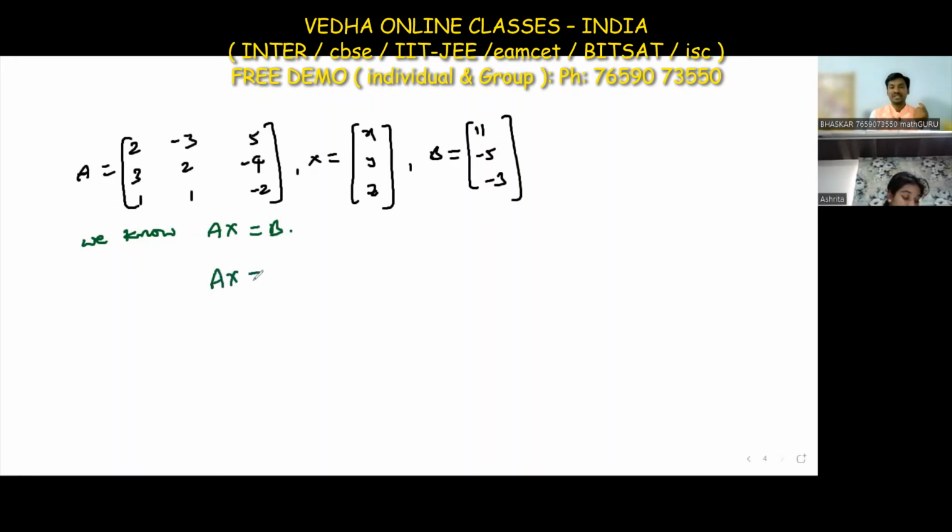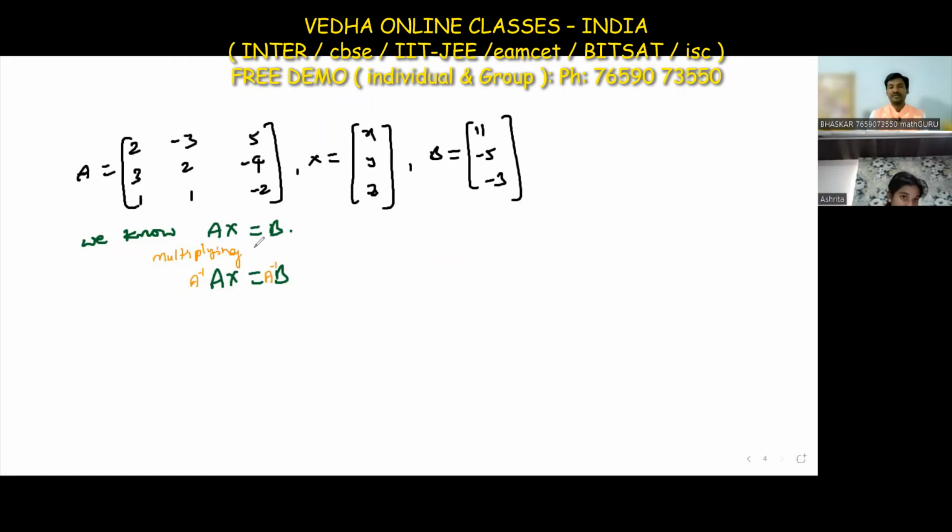So for this Ax equals B, I am going to multiply by A inverse on the left side as well as the right side, on both sides.